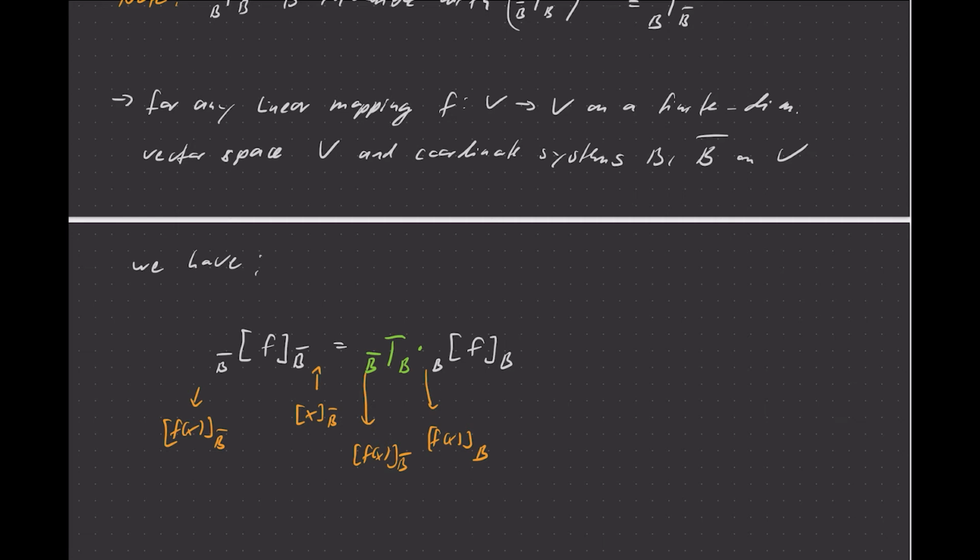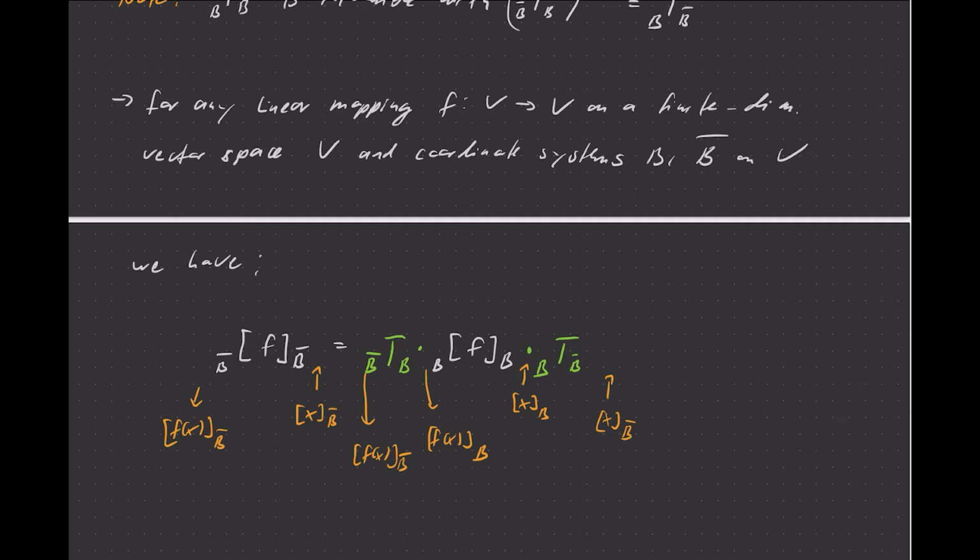And a similar thing on the right-hand side here. What we want here as an input vector is a vector x in B coordinates. What we have here is a vector x in B bar coordinates. And now, of course, we need to transform that first. So we need to take this B bar vector and transform it to B.